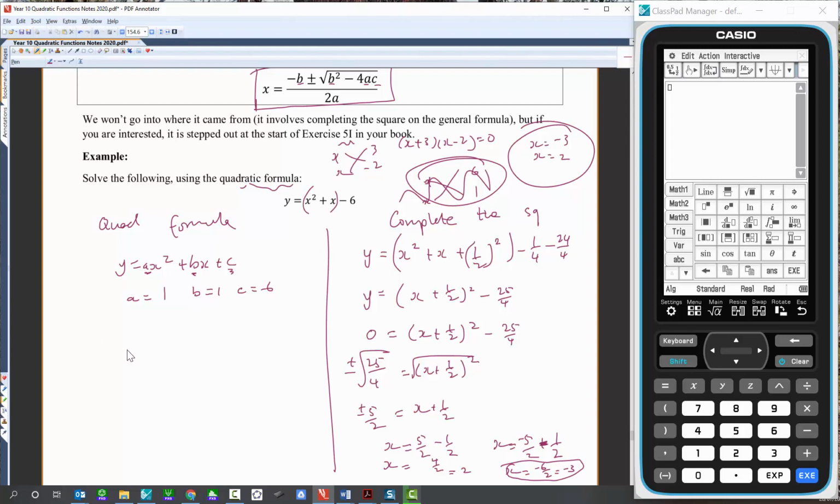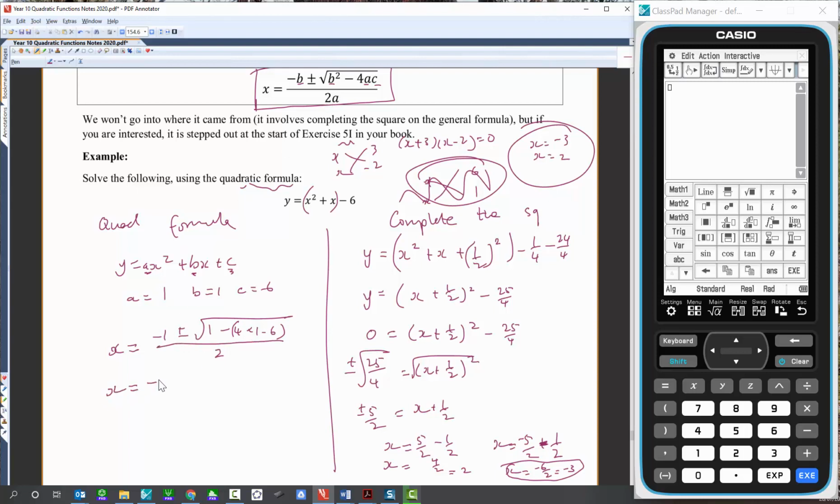All right, so let's run the quadratic formula. We say x is equal to negative b, that's -1, plus or minus the square root of b squared, which is 1, take away 4 times a times c, which is -6. That is all going to be over 2a, which is 2.